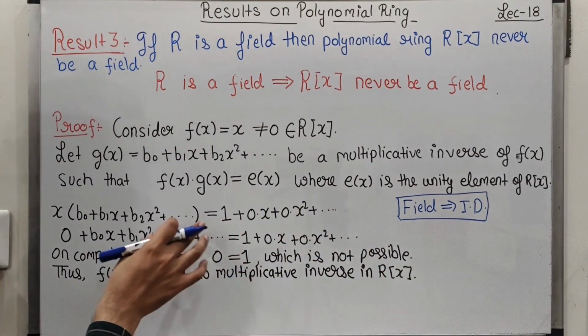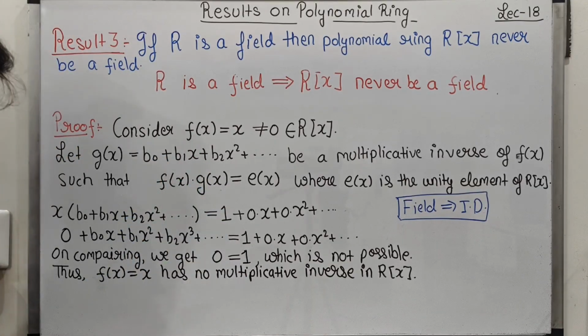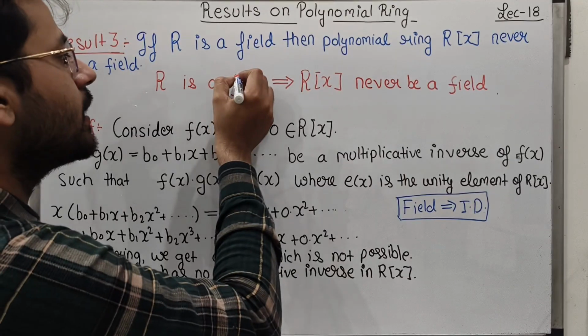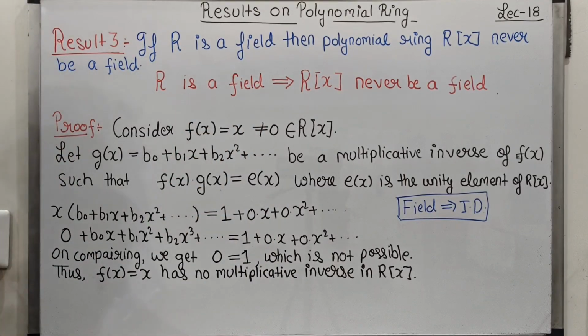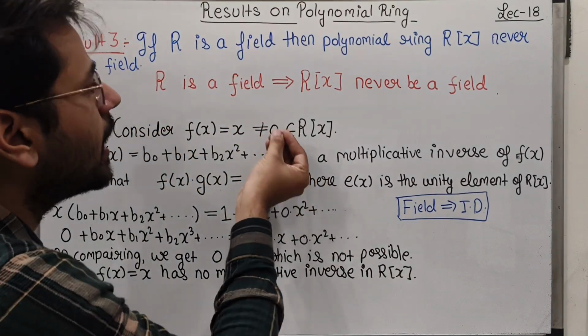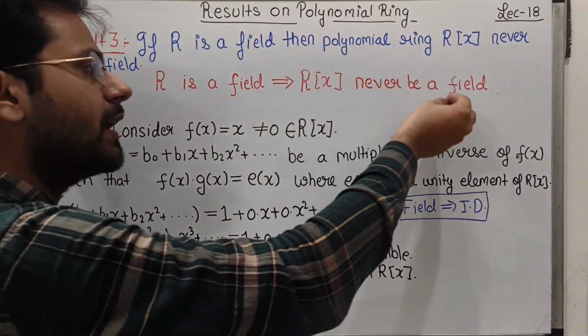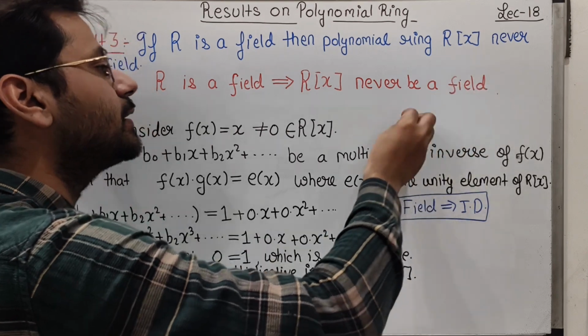And in result number 2, we have seen that if the parent ring is an integral domain, then the polynomial ring will also be an integral domain. As a result, if R is a field, then R is automatically an integral domain, so the polynomial ring will never be a field, but it can be an integral domain.